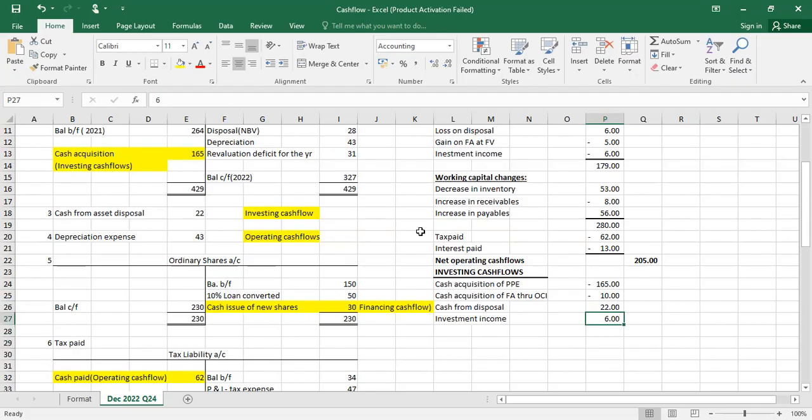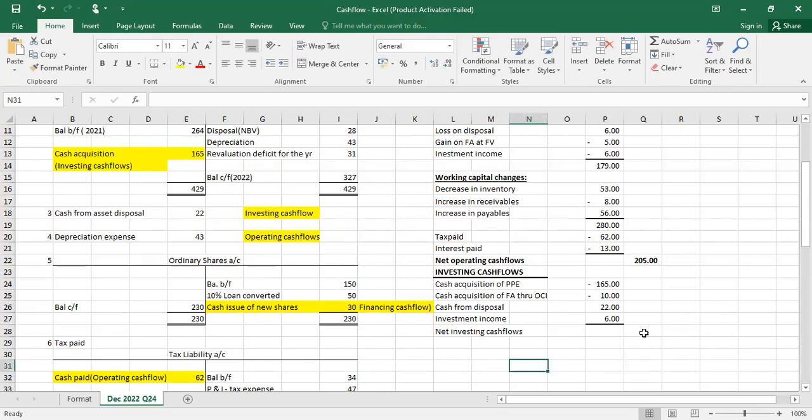If that is the case, I want to believe that that is it for the investing cash flows. We can therefore get our net investing cash flows.